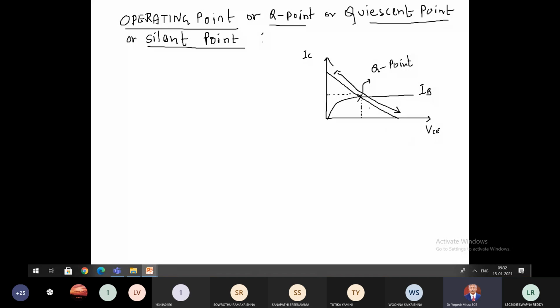If VCE is decreased, then it may come to this point, or this point, or if VCE is increased, it will come to this point or this point, but it will move only along this DC load line, right? Since the operation of this transistor is along this DC load line, this operating point is moving along this DC load line. So due to this reason also it is called the operating point. Okay.